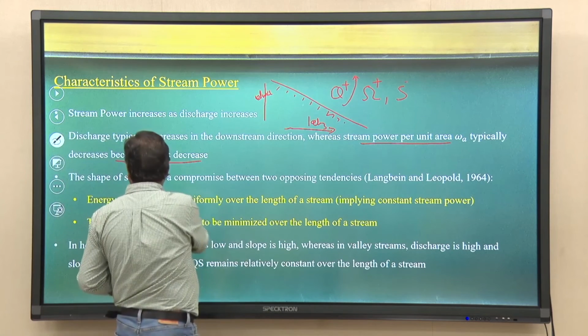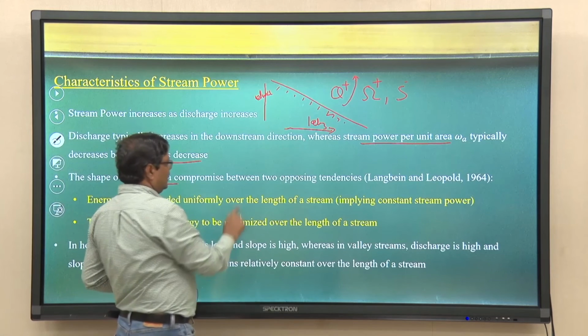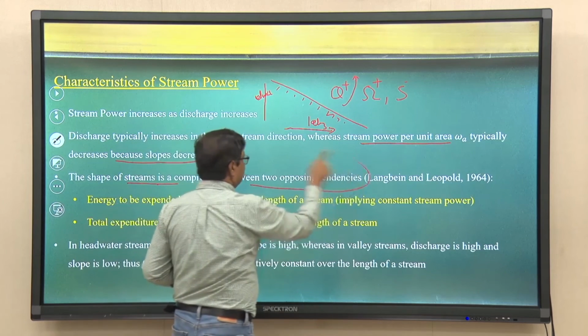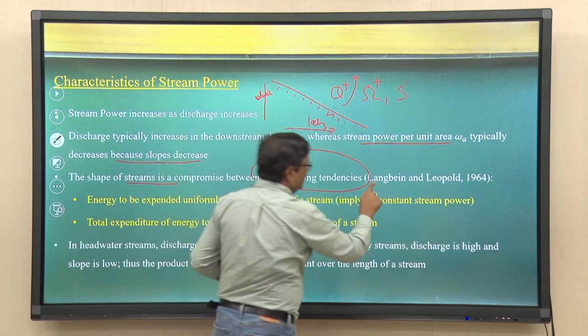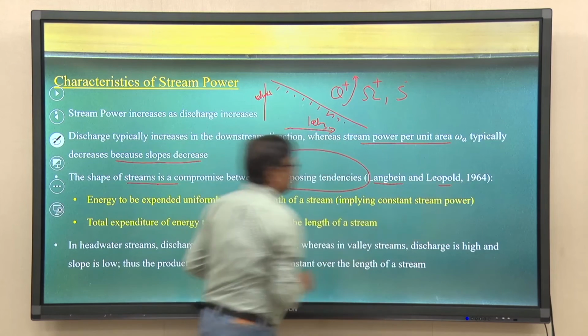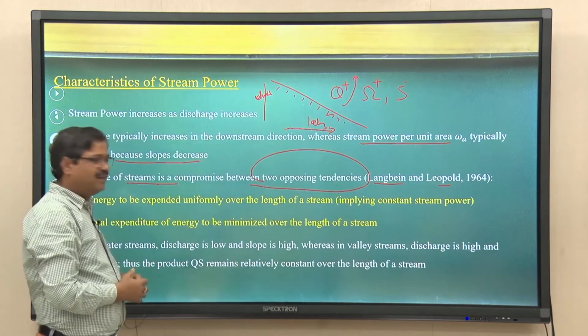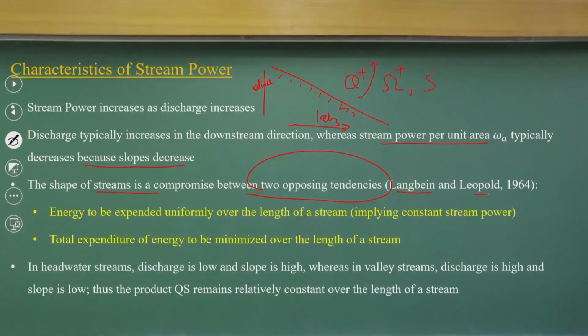that the shape of the stream is always shaped by two opposing tendencies. That is Langbein and Leopold 1964. It is the opposite tendency, that energy be expended uniformly over the length of the stream.